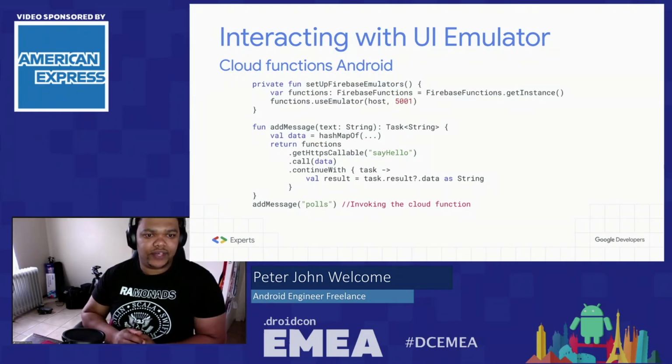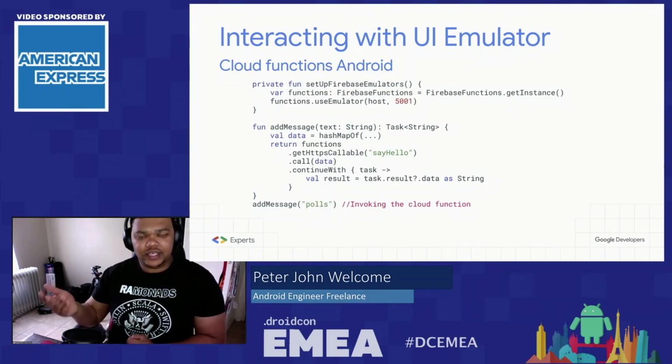Over here, we have a function that sets up our emulator. We get an instance of the Firebase functions, and we use the same function that we used previously, which is useEmulator. We put the host, which is again going to be the localhost, and then obviously the port is different because the cloud function emulator is running on a different port.